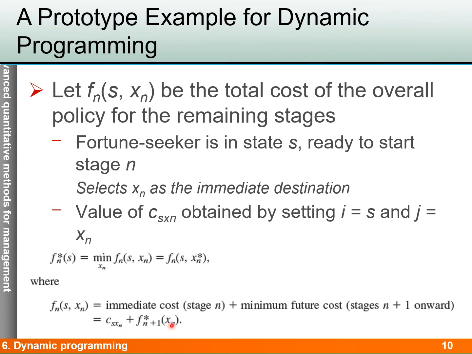If I write it in mathematical form, it is c_sxn plus f_n+1 star of xn. This star means the stage n plus 1 that is optimum. In this case, optimum means minimum, which comes and will be added to this cost.